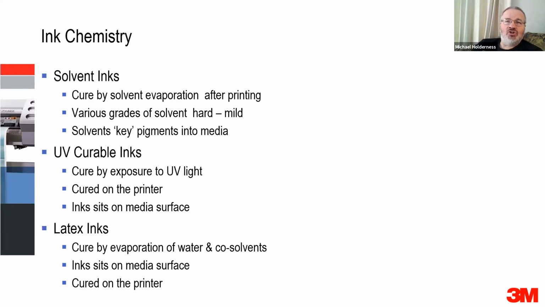So it sounds counterintuitive that you turn on the lamp that's actually in front of the head. But essentially what it's doing is it's curing the previous pass. So you lay down a layer of ink, and then as the head goes back the other way, the lamp which is turned on in front of the ink heads cures that previous pass. That's called leading lamp cure.